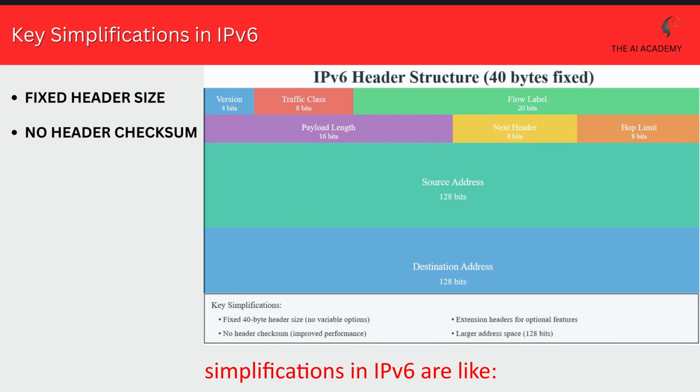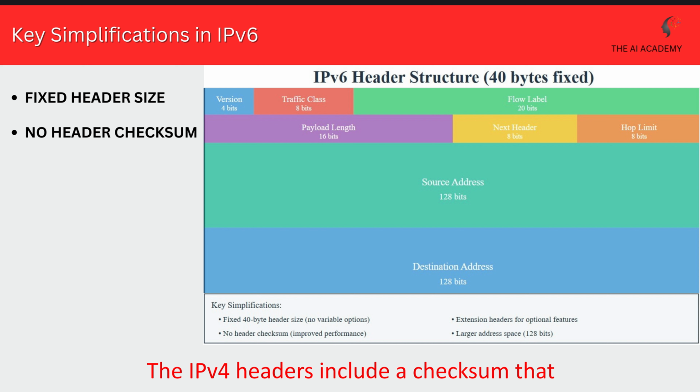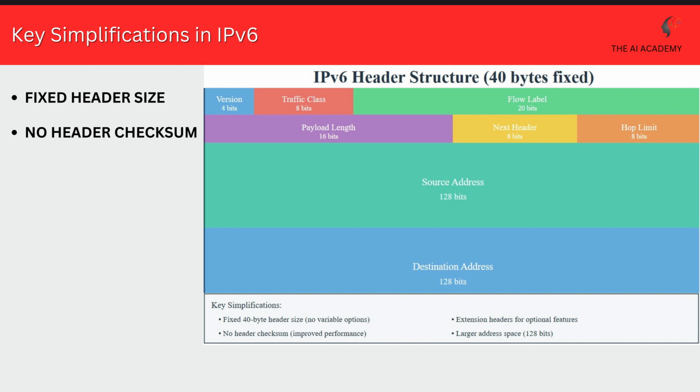The key simplifications in IPv6 are like the fixed header size. The IPv6 header is always 40 bytes, simplifying processing for routers and hosts. In IPv4, options could extend the header size, causing variability and processing delays. No header checksum. IPv4 headers include a checksum that routers must recalculate at every hop.